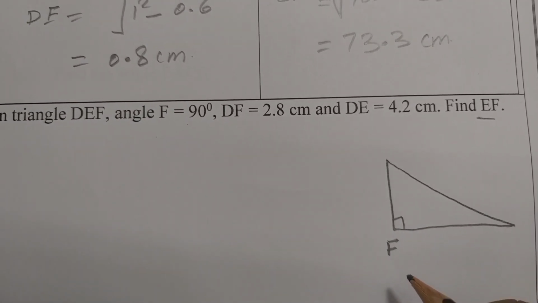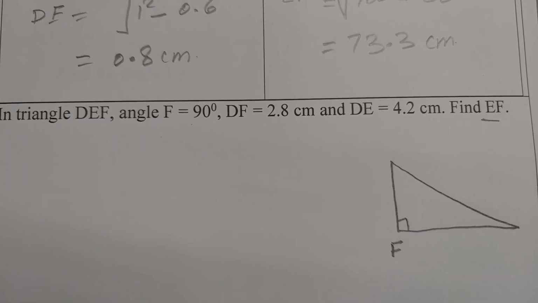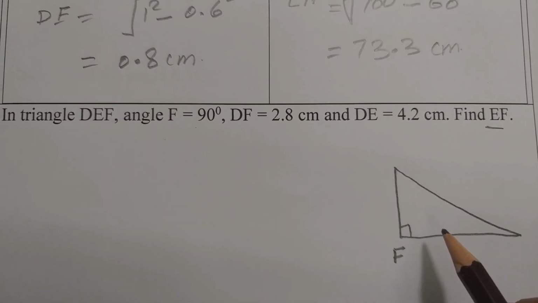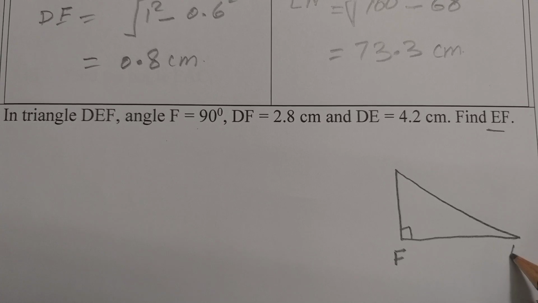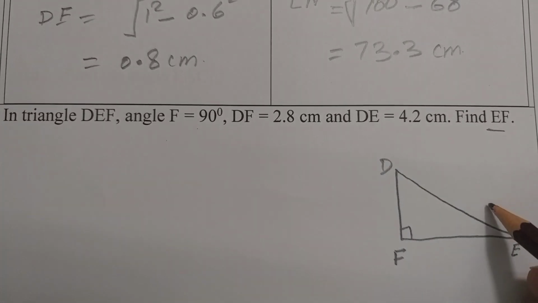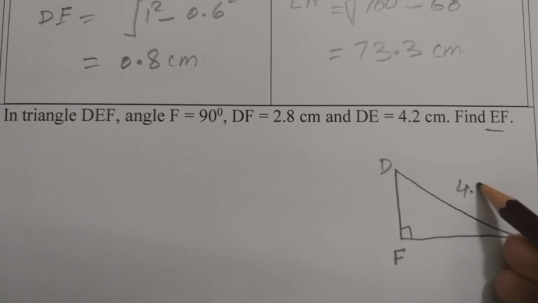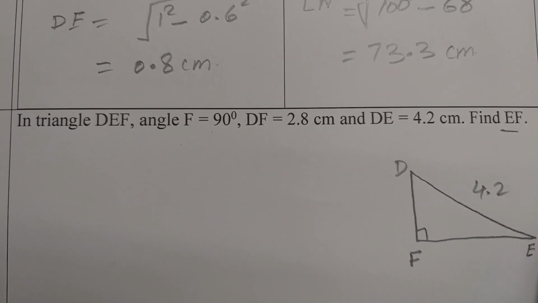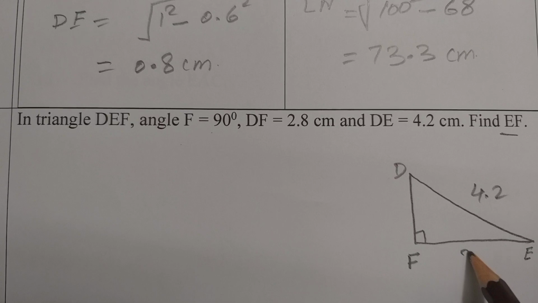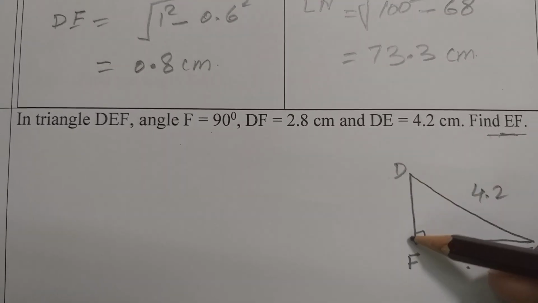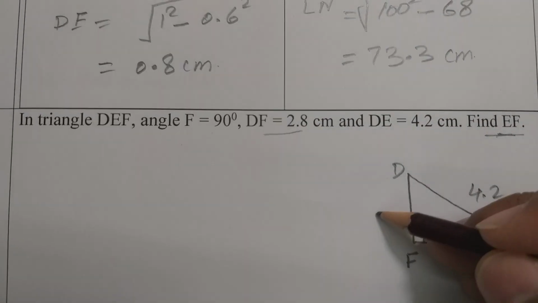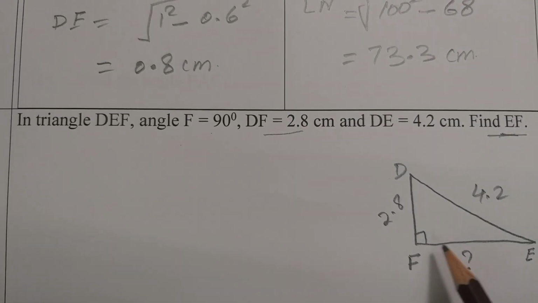So we are given, you can just say any other number except that one, but it's up to you. So DE, let's suppose if I say this is E and this is D, it means DE is 4.2. So we need to find EF. This is the side what we require here. So we are given DF. This is DF, which is 2.8. Now the picture is clear.